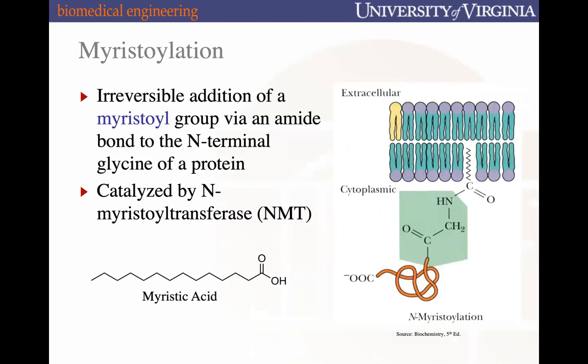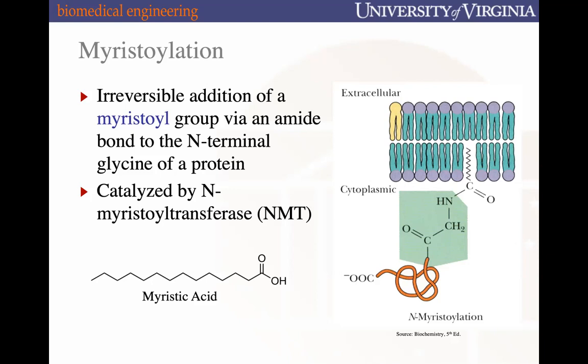In the case of SHOC2, it is not typically a membrane tethered protein. It's typically within the cytoplasm and helping to mediate RAS-RAF interactions. When it's myristoylated, it's now wedged into the membrane.